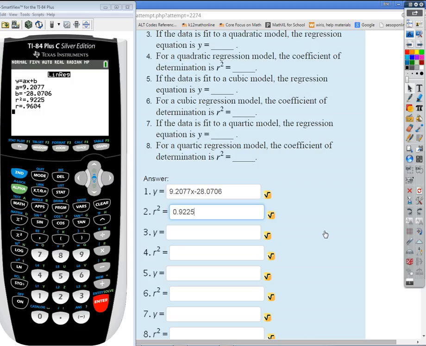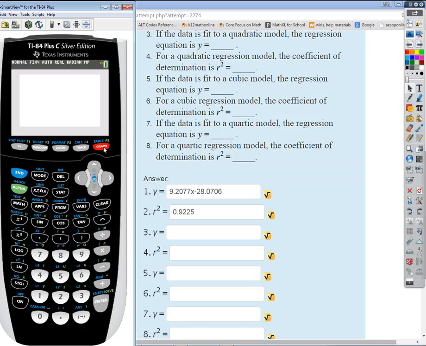So all I have to do there is, I guess we could take a quick look at the graph. There's my linear model. Not bad, but you can see it's maybe missing the boat a little bit. Based on what we talked about on Friday, would you expect quadratic to have a much higher r squared value?